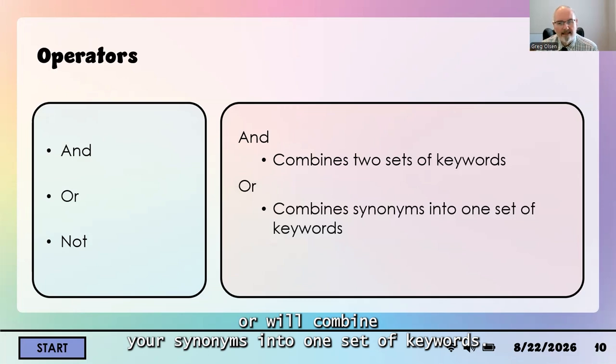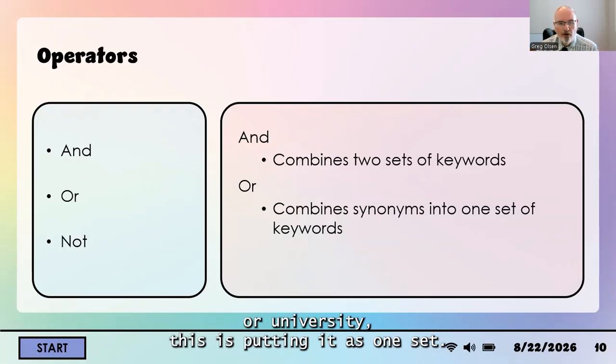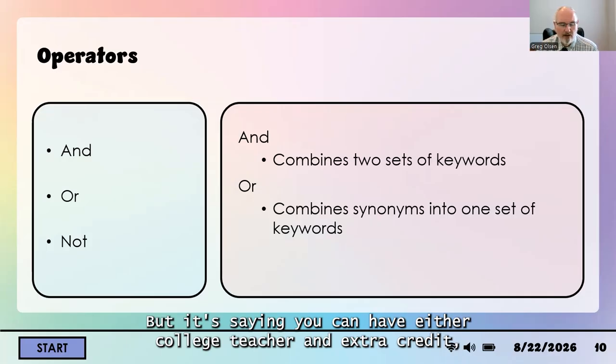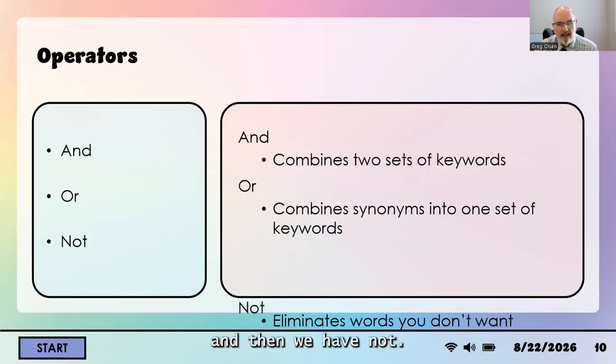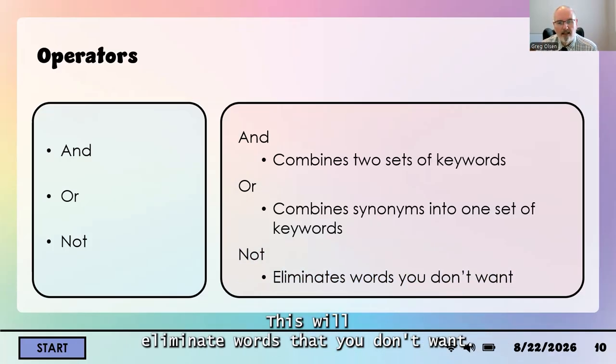Or will combine your synonyms into one set of keywords. So if I'm looking for college or university, this is putting it as one set, but it's saying you can have either college, teacher, and extra credit, or you could have university, teacher, and extra credit. And then we have not. This will eliminate words that you don't want.